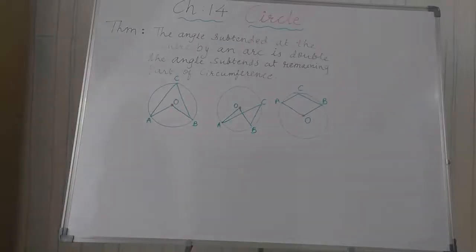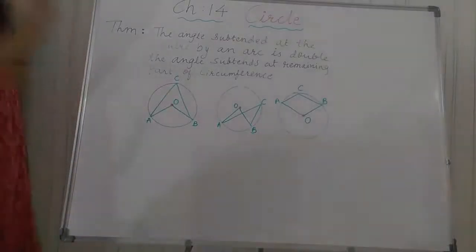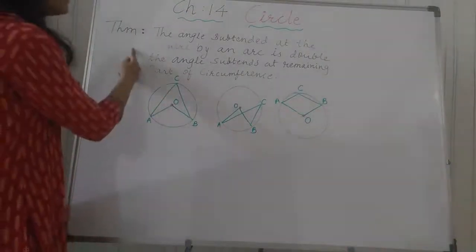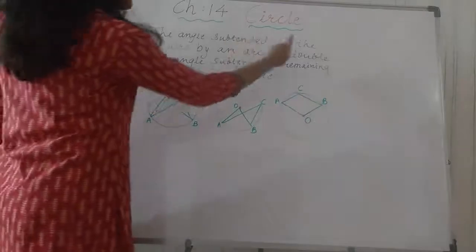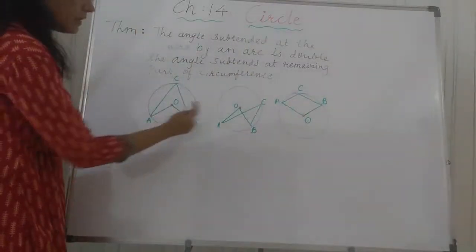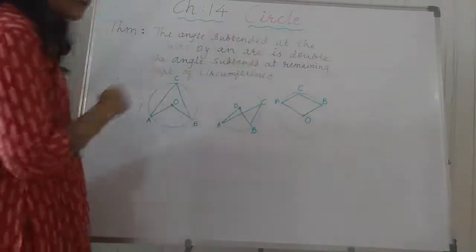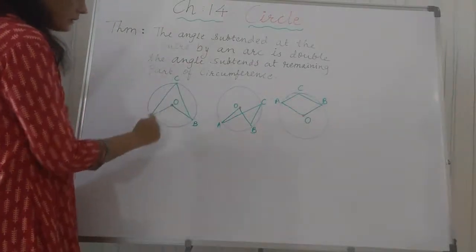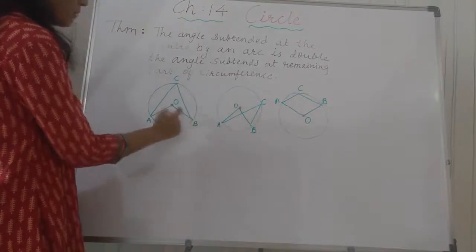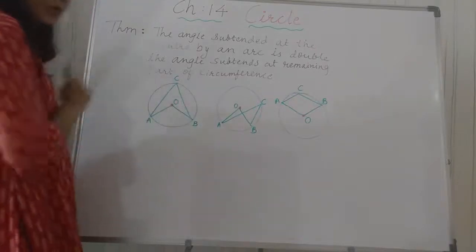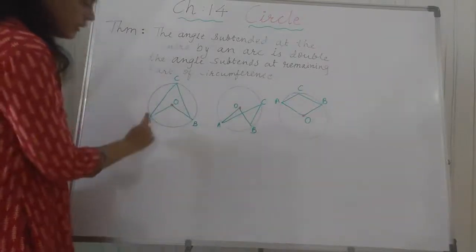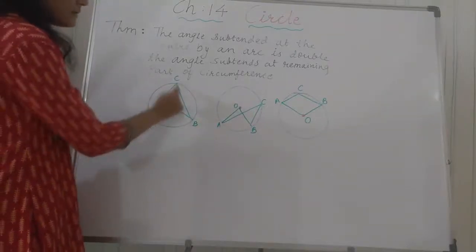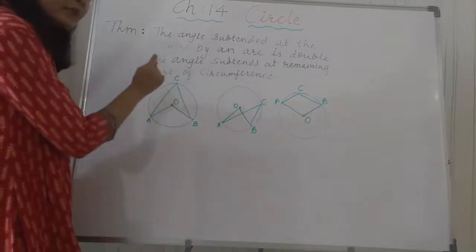Now let us start with another theorem which is very important again, students, so learn it carefully. In this theorem, the angle subtended at the center, you can see I have drawn here three different figures. So this is the center of the circle and this is angle ACB and this is angle AOB. Two angles are there in which angle AOB is subtended at the center and angle ACB is subtended at the circumference.